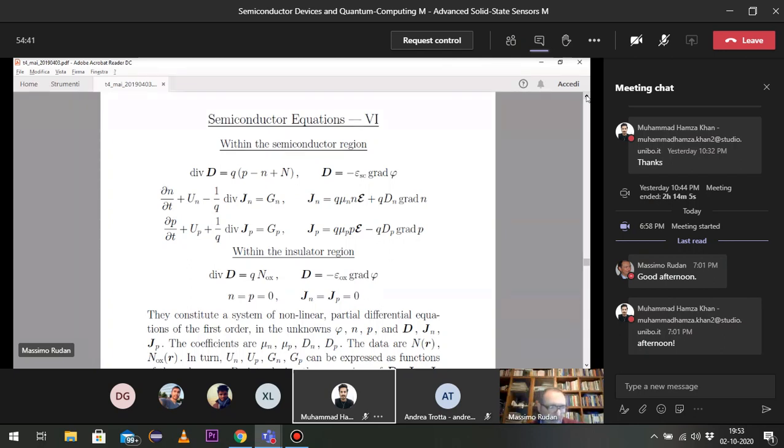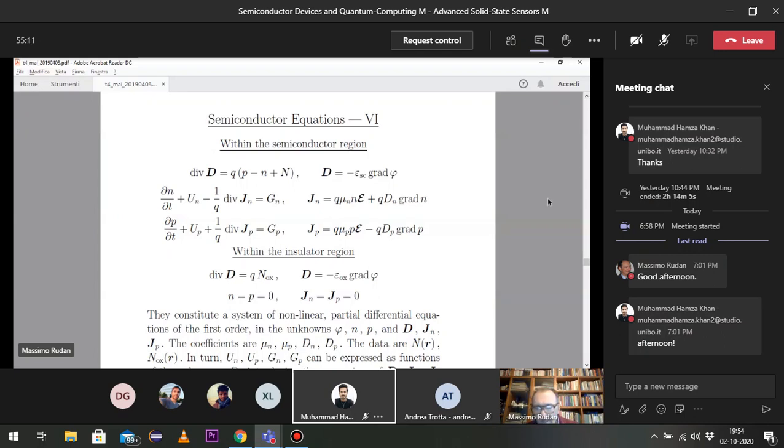For the derivatives with respect to time, we must prescribe the initial condition everywhere to the unknowns. So if we have a dynamic situation in which the time derivatives are present, we have to prescribe the initial condition. In space, instead, we have to prescribe the boundary conditions.